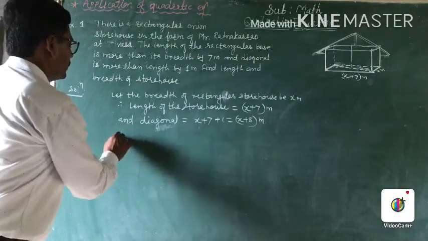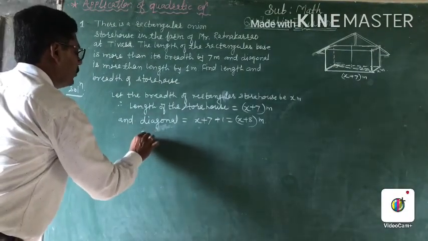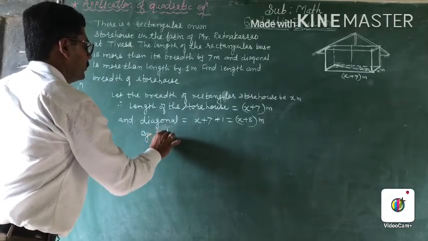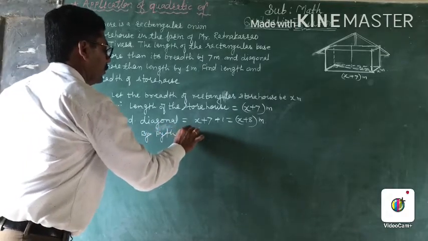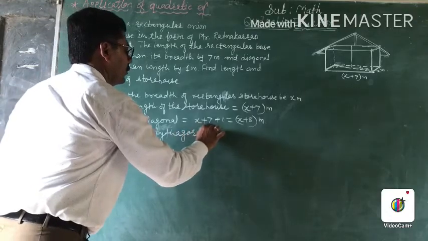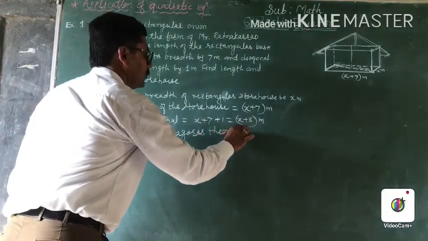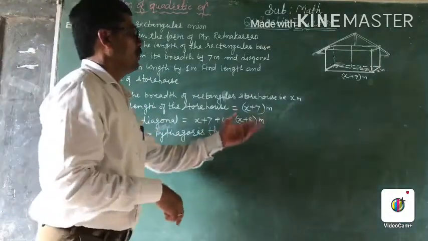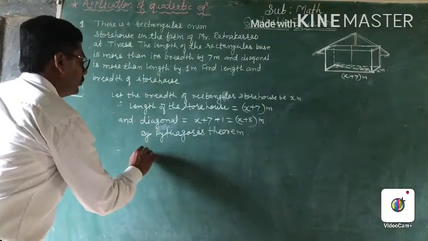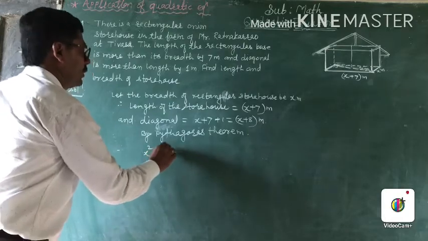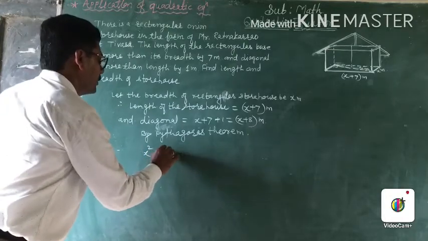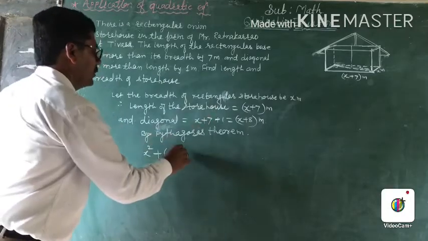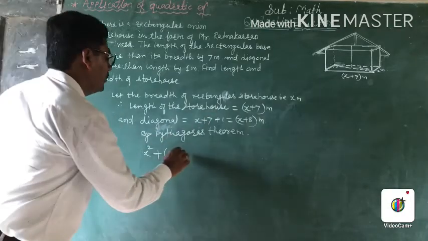Therefore, by Pythagoras theorem, you know the Pythagoras theorem: base square plus height square. Length and base are at a right angle position.